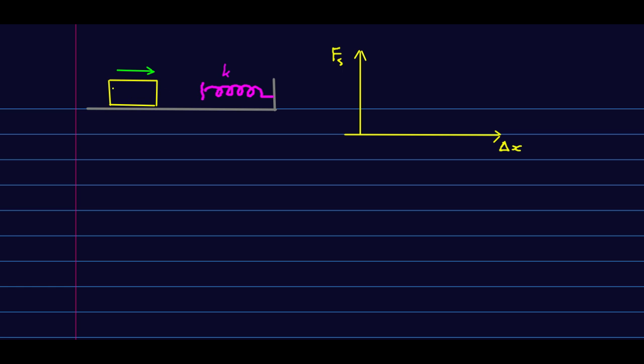And so the spring does work on the block. And we've been treating that by keeping track of the spring potential energy. But we should get the same answer if we just calculate a work done by the spring directly. But notice that is a work done by the spring force.